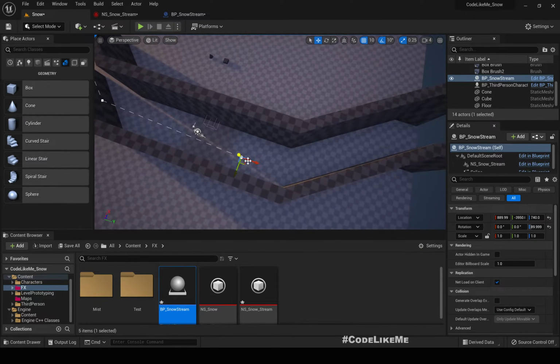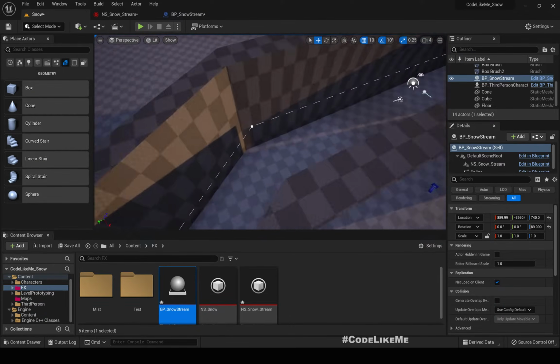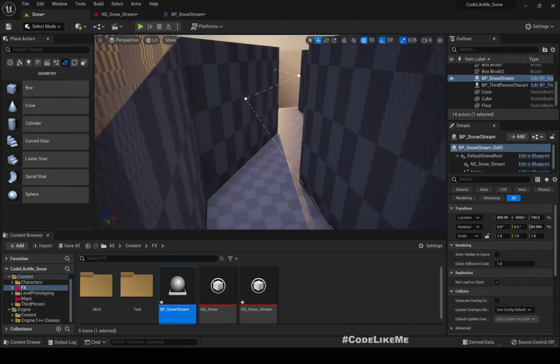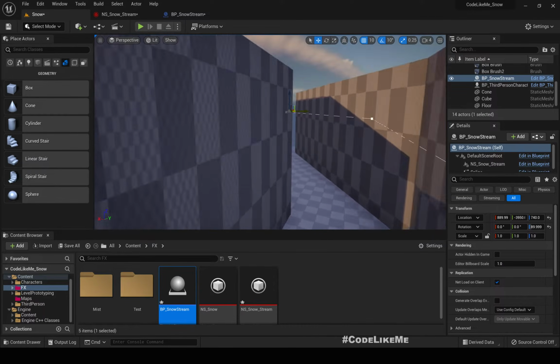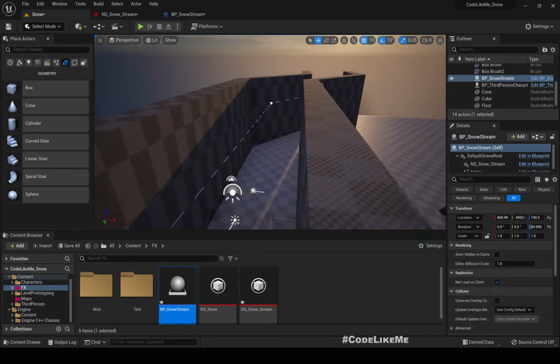Okay, here. So now we have a path. What's next?